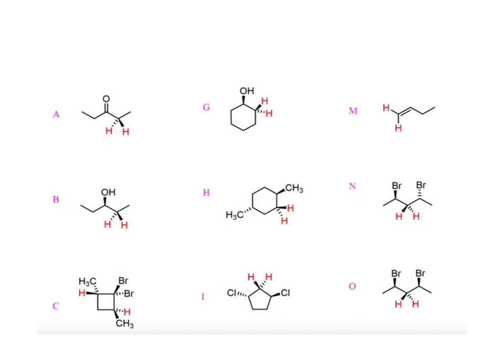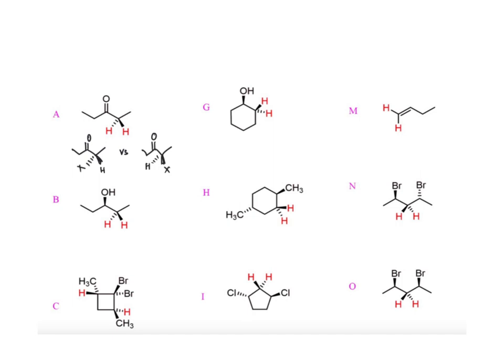What I will do here is use the replacement test. First I will replace one of these back hydrogens with an X and keep the front as it is, versus if I replace the front one with an X and keep the back hydrogen as it is.